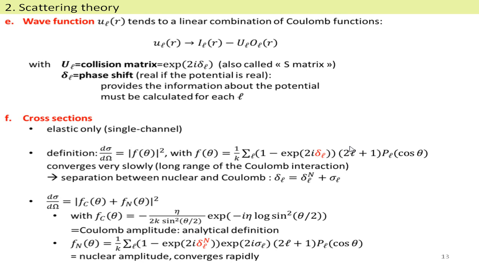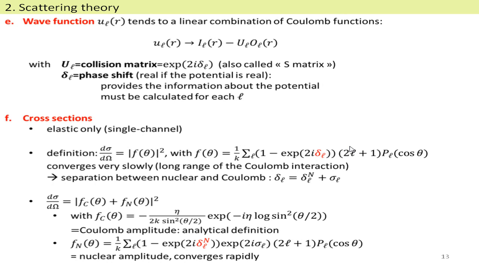One of the problems associated with this expansion is that it converges very slowly due to the Coulomb potential. So if you use this formula with the Coulomb phase shift, you will see that you need thousands of partial waves. And this is not very convenient.